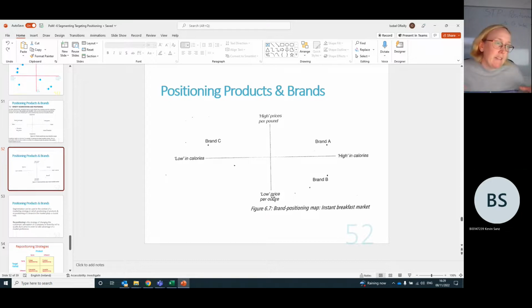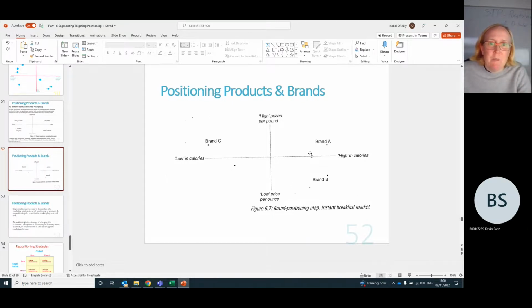Because it might be expensive to buy the whole packet, but that packet might last a very long time. So this is a more accurate description of whether or not it's expensive or inexpensive, per morning, I guess. And we have calories now, because perhaps this producer of instant breakfasts is interested to see what's out there in low calorie versus high calorie, and expensive to inexpensive.